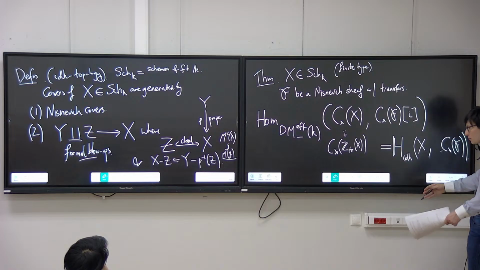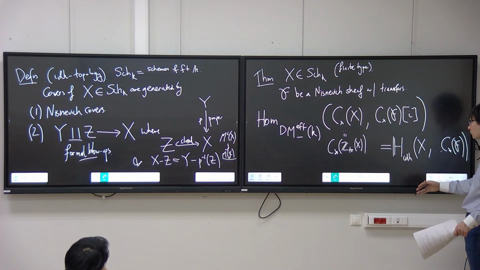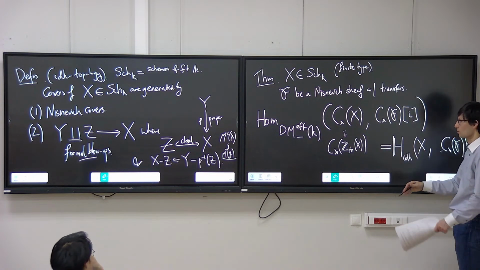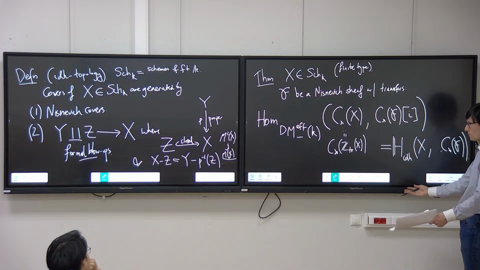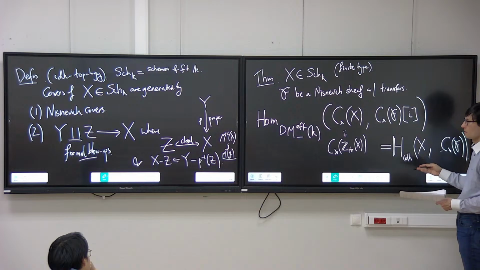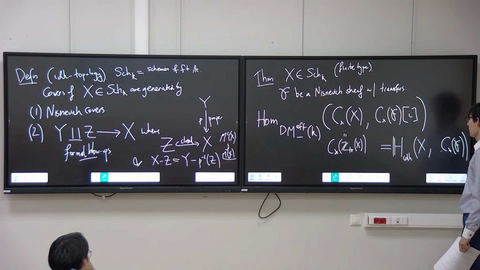This is a complex of sheaves. So I need to resolve it using an injective resolution. When you do that, you write a double H. It's hypercohomology in the literature. It just means you take an injective resolution of all the sheaves in one go, as opposed to just one sheaf at a time.